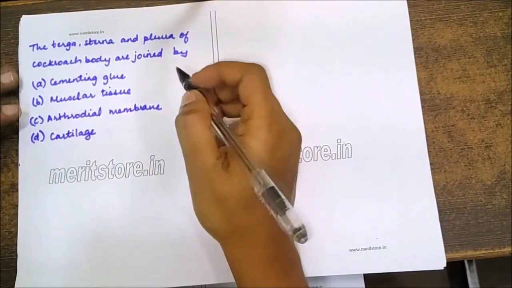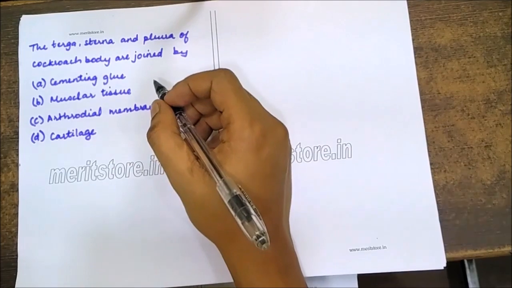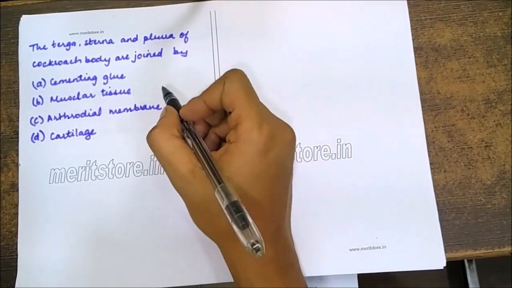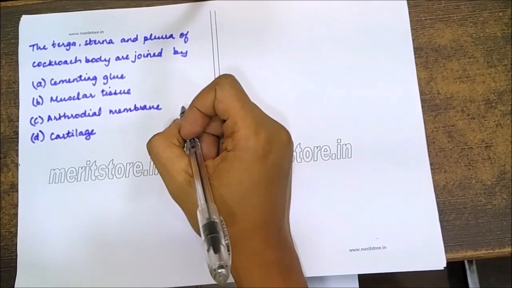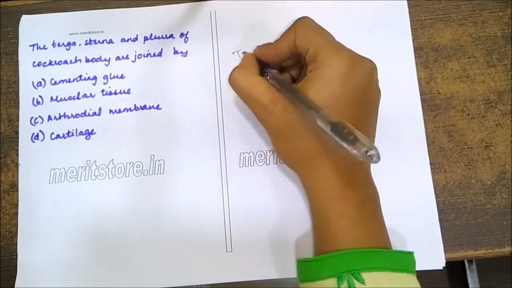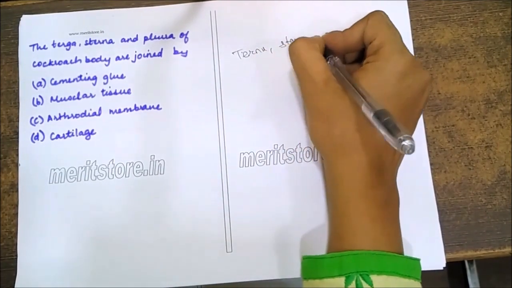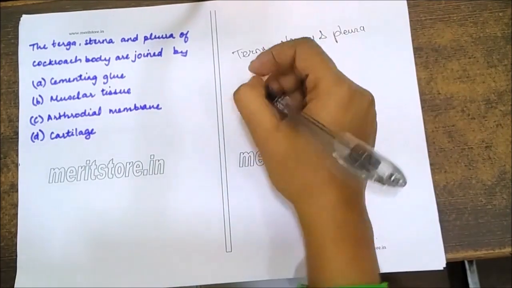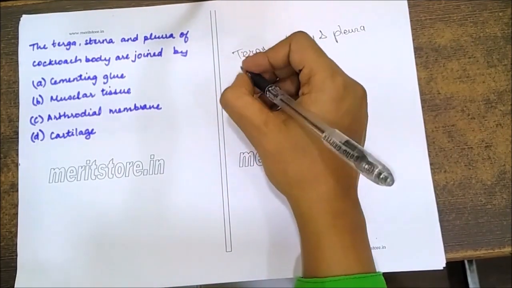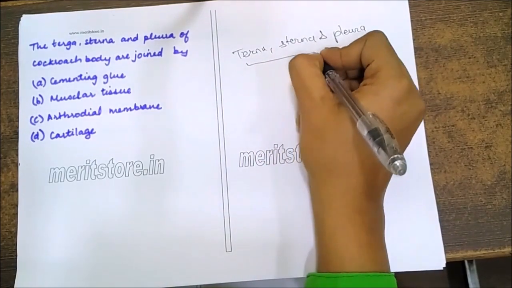Okay, so the next question says the sterna and pleura of cockroach body are joined by. Now what is the sterna? See, sterna and pleura, they are chitinous hardened plates. Okay, so these are made up of chitin.